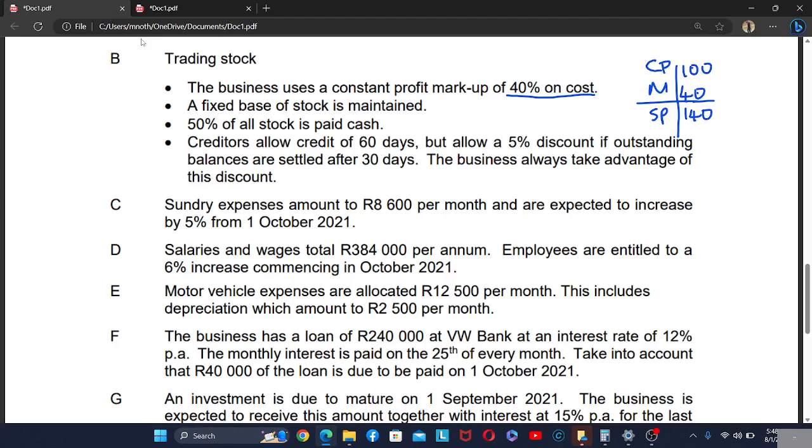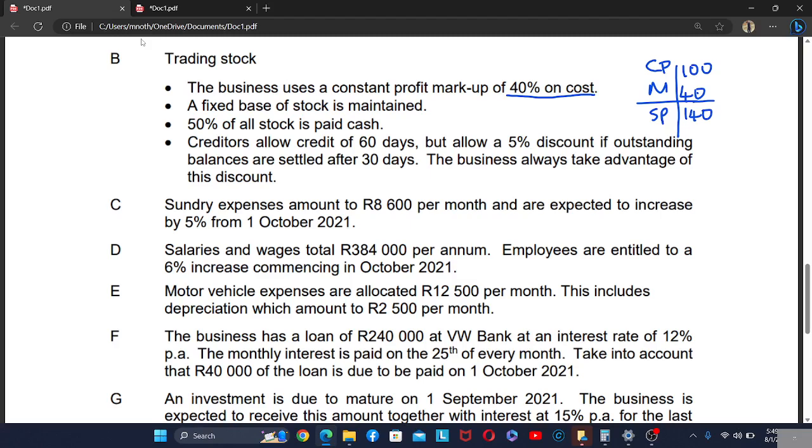So that is a fixed base stock system. So how does the business replace the stock? The business will need to buy another trading stock.